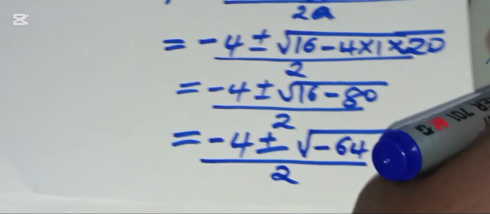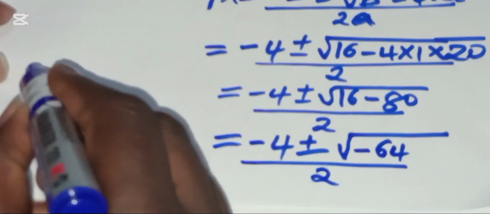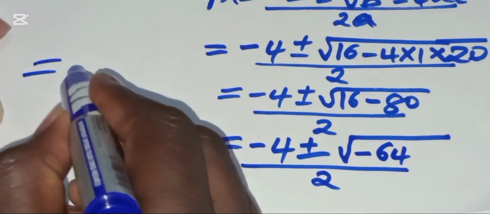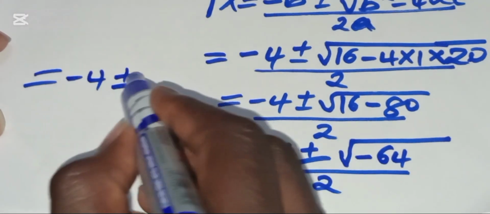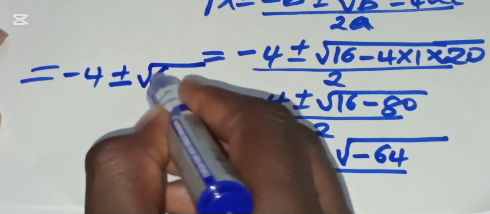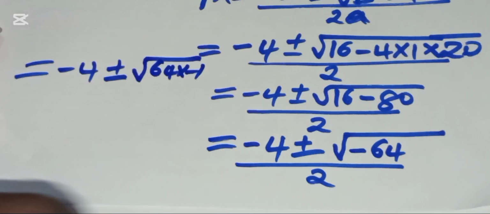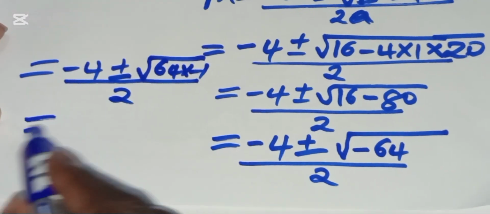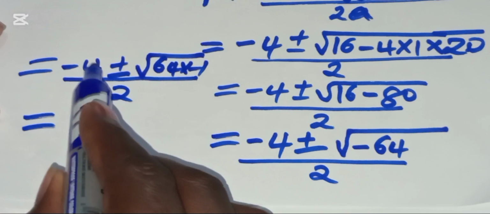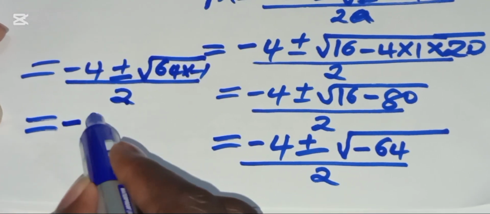Okay? Now, this is the same thing as negative 4 plus or minus the square root of 64 times negative 1, divided by 2. And negative 4 divided by 2 is negative 2.